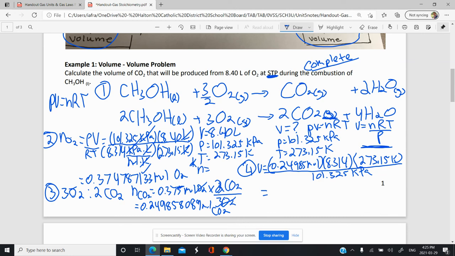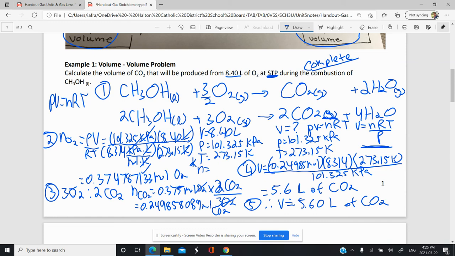And so I get times 8.314 times 273.15 divided by 101.325, and I get 5.6 liters of CO2. So my step 5 is, therefore, the volume is approximately, I need 3 sig figs, 5.60 liters of CO2.